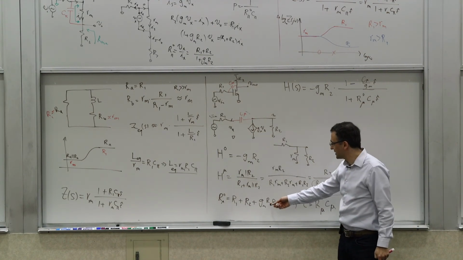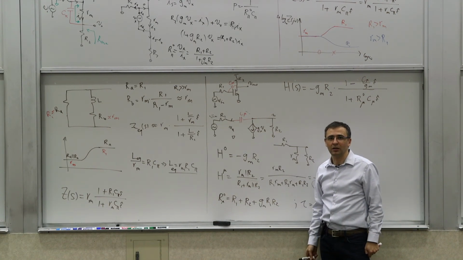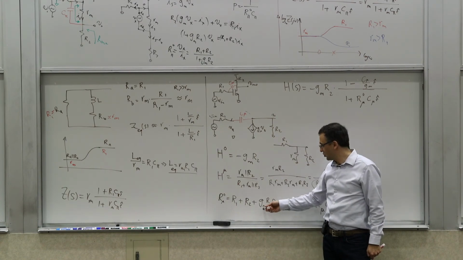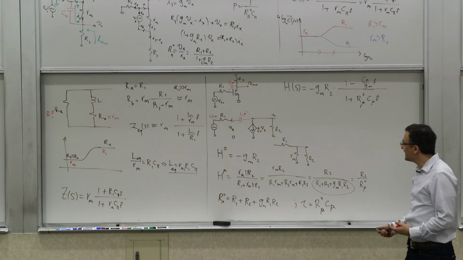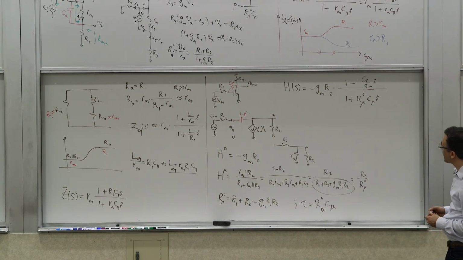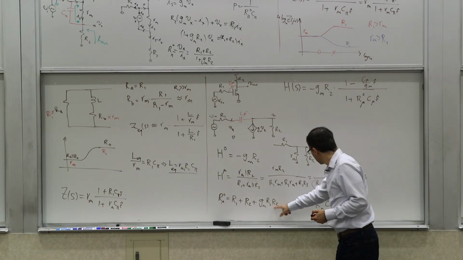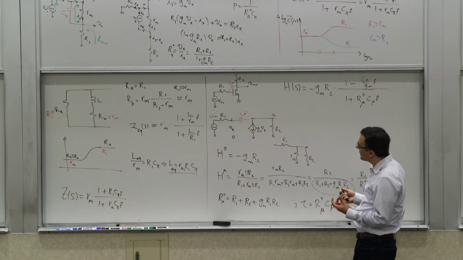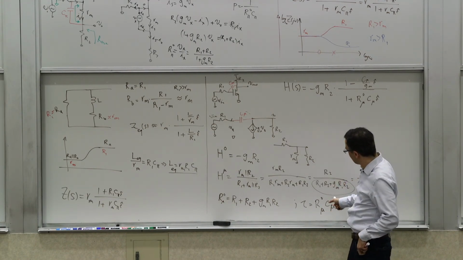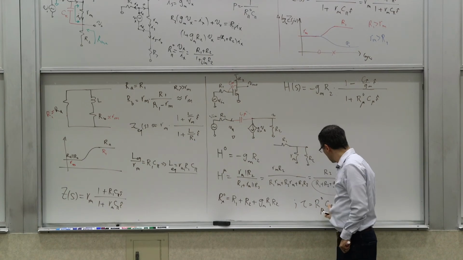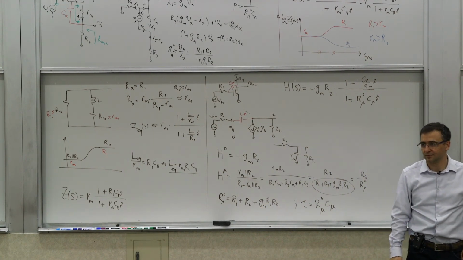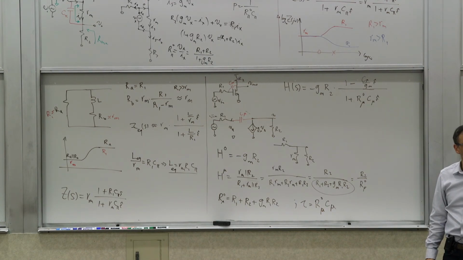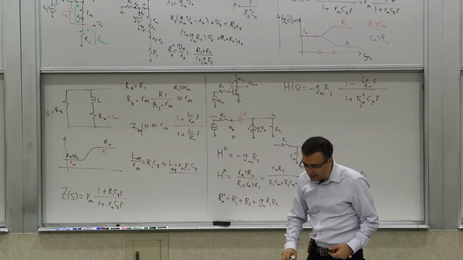Because it has the gain, not the intrinsic gain, the gain gm R2, multiplied by R1. So what's happening is that there's a larger resistor seen here. It appears that the effect of this C mu is quite large because the resistance it sees is quite large. And that's one of the important things that you can learn from this.